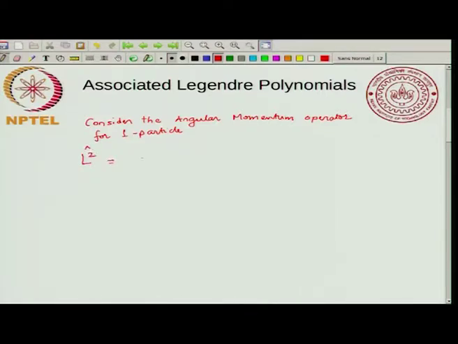Now I will write the operator for L square, the squared angular momentum in quantum mechanics. This is given by minus h bar square times dou square by dou theta square plus cotangent theta dou by dou theta plus 1 by sine square theta dou square by dou phi square.